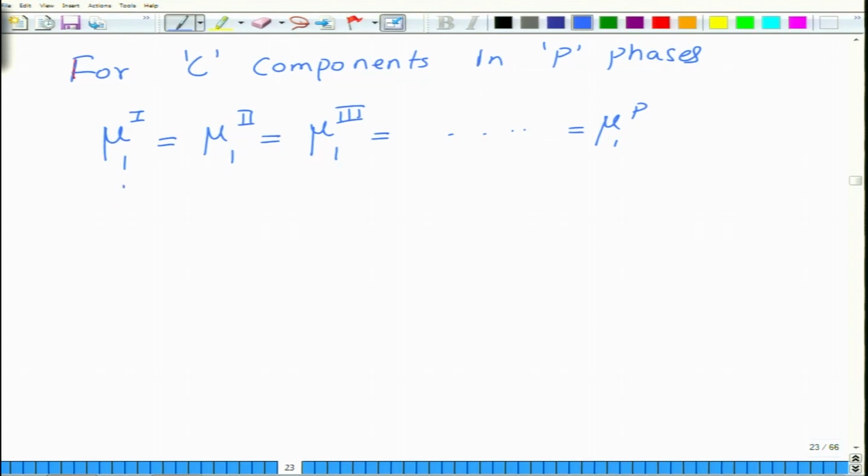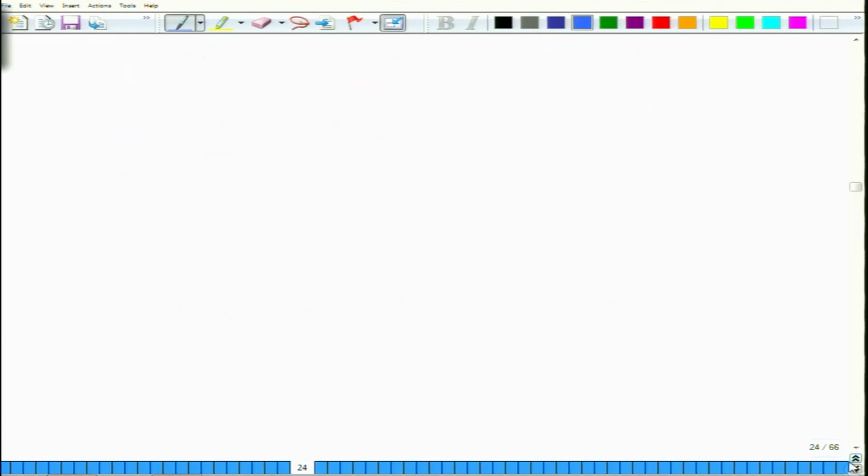If you now extend it for the Cth component, mu C1 is equal to mu C2, and this is equal to mu CP. So basically what we are saying is that this is the transfer of C components in P phases. For all those transfers in multi-phase equilibrium, all these equations are there.